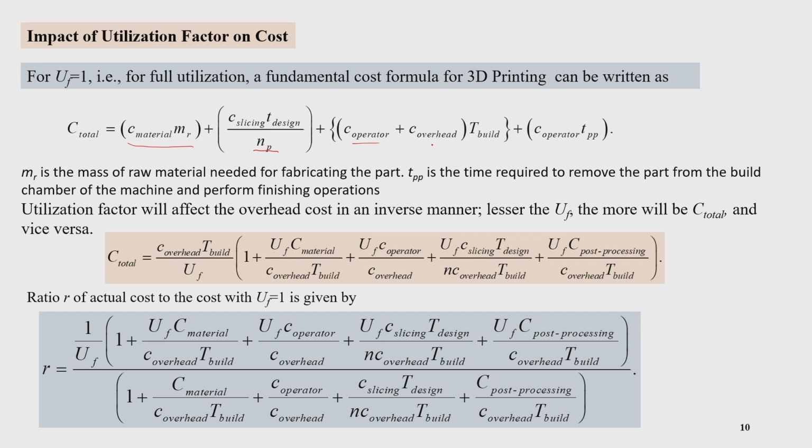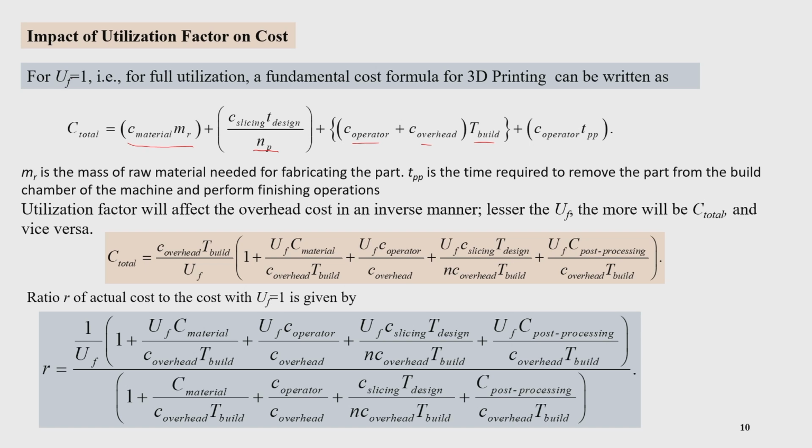And then C operator plus C overhead plus T build, that means total time for manufacturing one item, and then plus C operator into TPP, that means for the operator's other post processing, whatever the operator does, for that also time is there. So you can find out the total cost of the product.